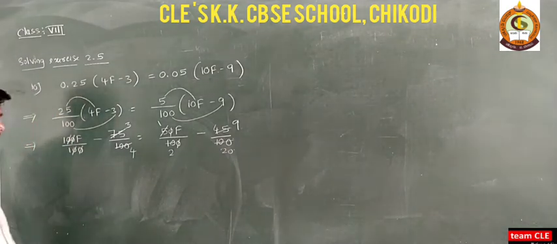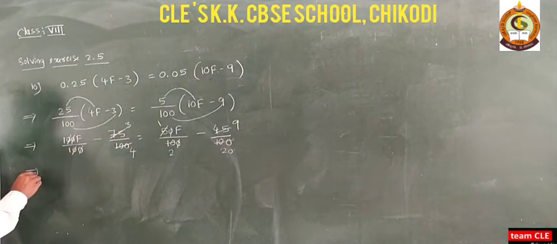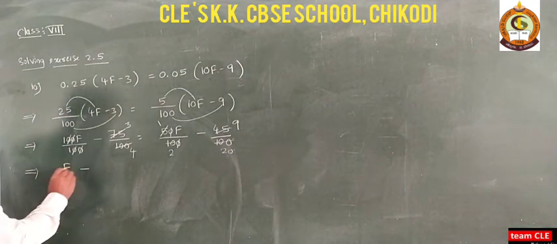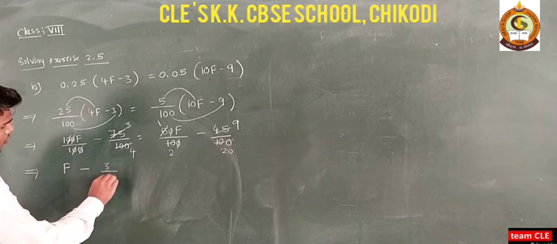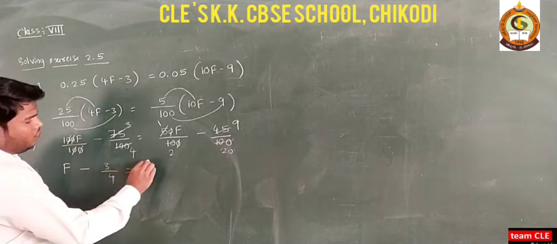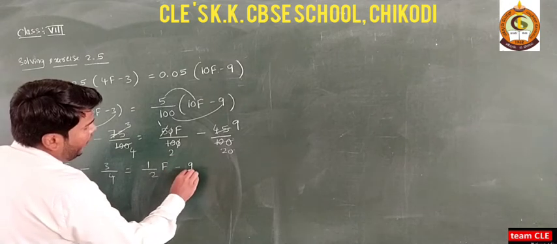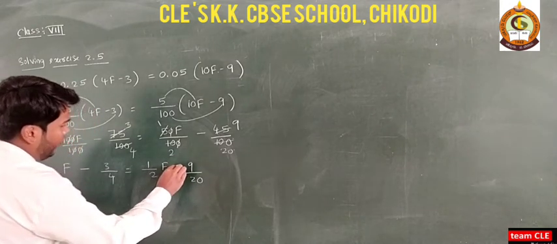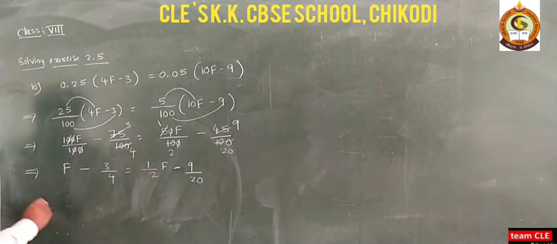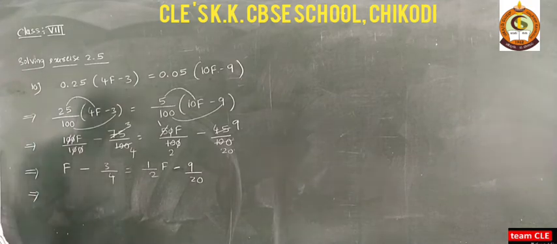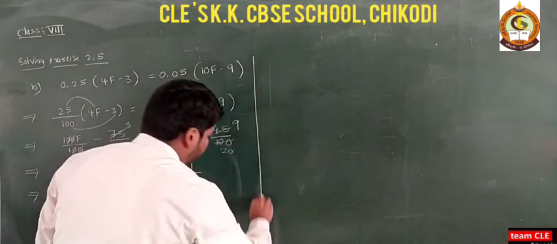So just write the remaining part. The remaining part is f minus 3 by 4 is equal to 1 by 2 of f minus 9 by 20. Now see, to separate the f part, I will separate the f part on this side. On this part I am going to write the f part.